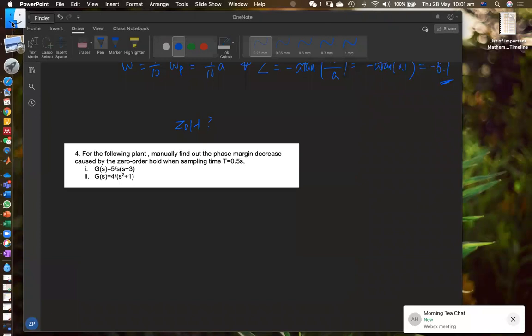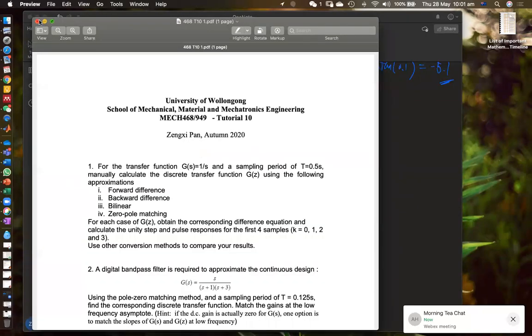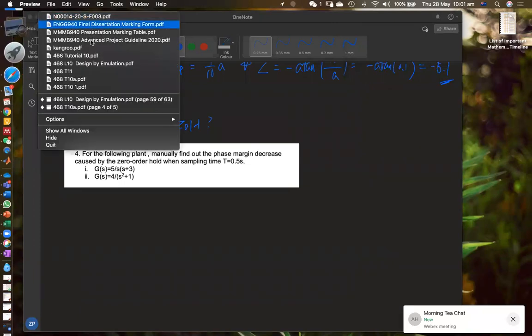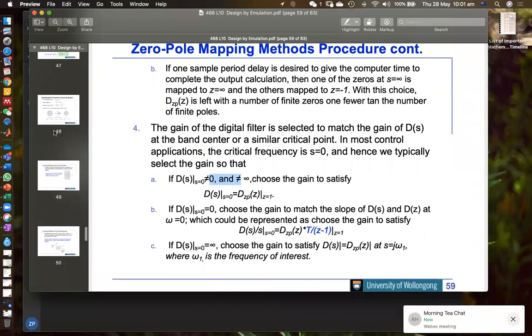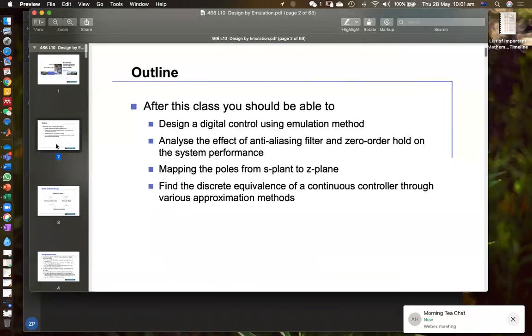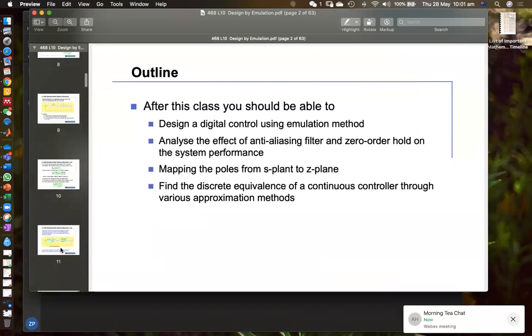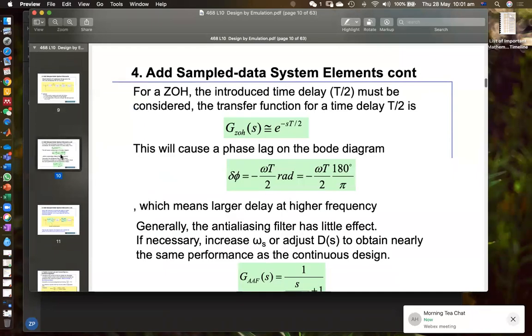Let me find the lecture 10 stuff. Where's the lecture 10? Yeah, design by emulation. I can't remember which slide we talk about this. This one.